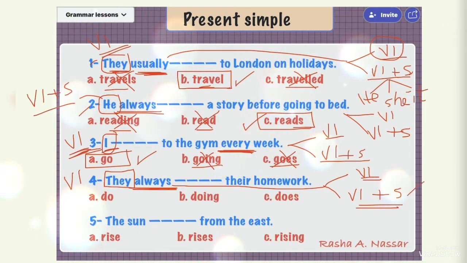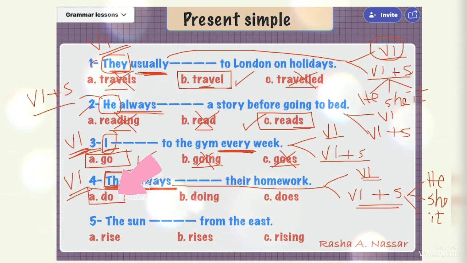Because V1 plus S only with he, she, and it. So here I have they. So they takes V1. They always do. Why? Because this is V1. Is doing V1? No. Is does V1? No, it's V1 plus S. So I will not take V1 plus S.